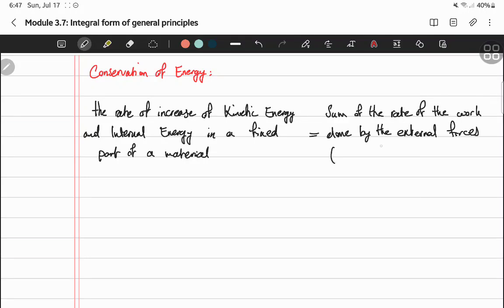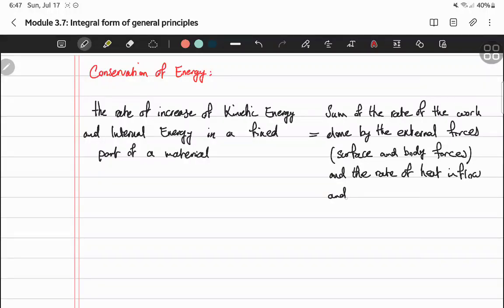And again here, by forces I mean we have the surface forces plus, let's say, the body forces. And the rate of heat inflow and the heat generated or supplied inside or throughout.